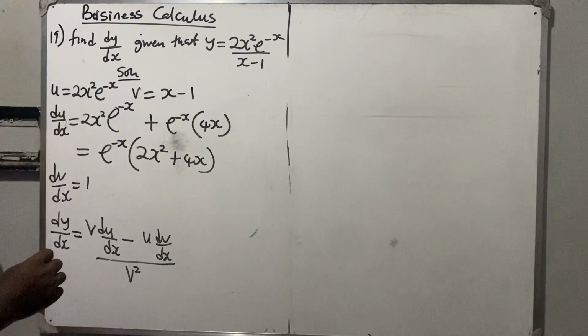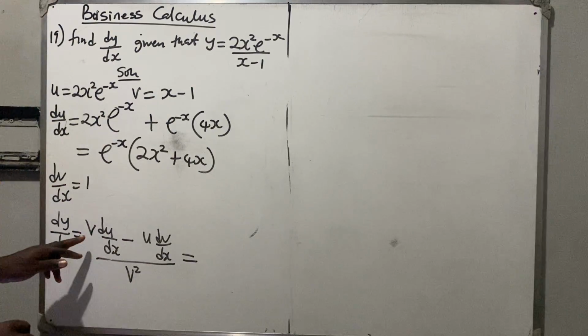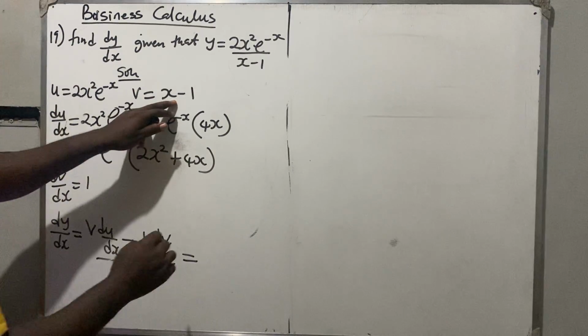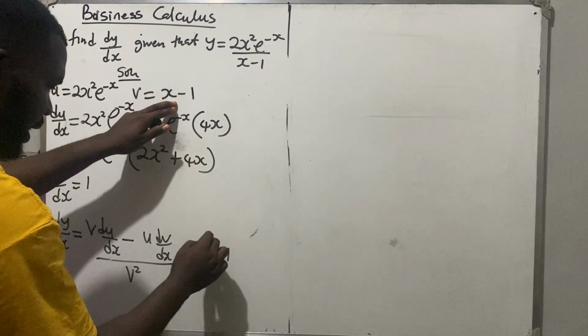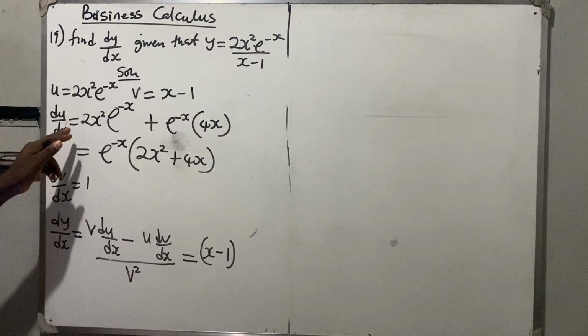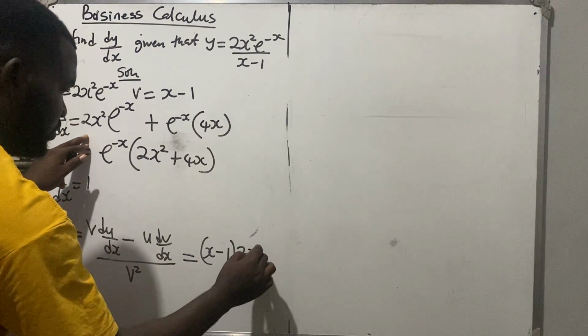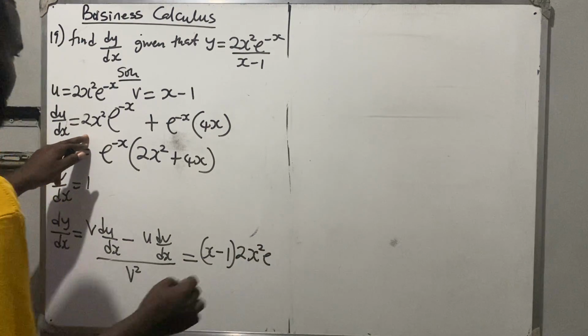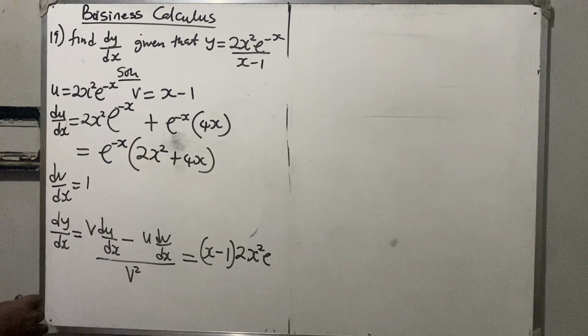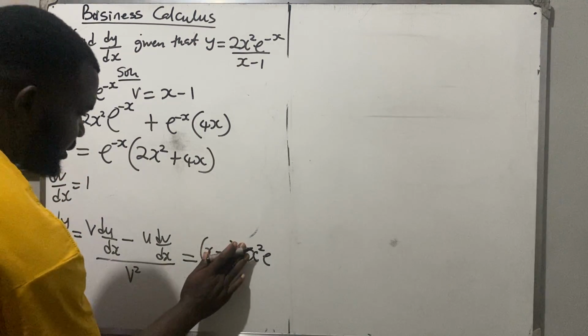So if you substitute everybody here, you are going to have that this is equal to v, this is my v, which is x minus 1 in bracket of du/dx. My du/dx gave me 2x squared exponential, or which one do we use? Okay, let's use this one. They are the same thing.